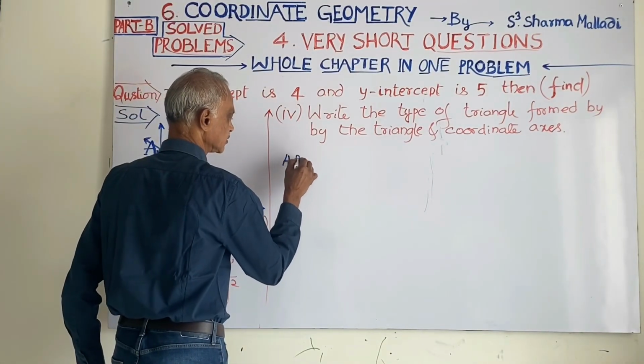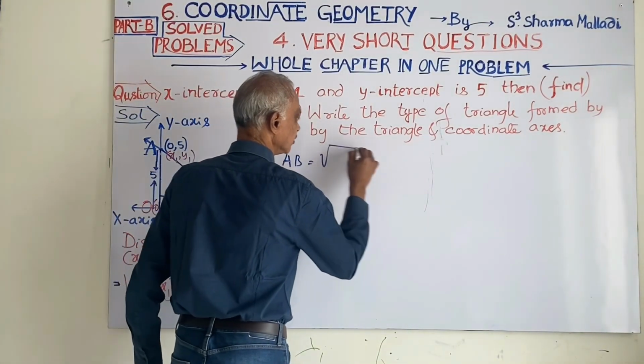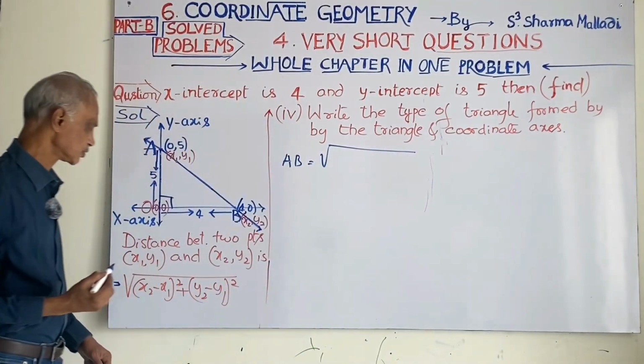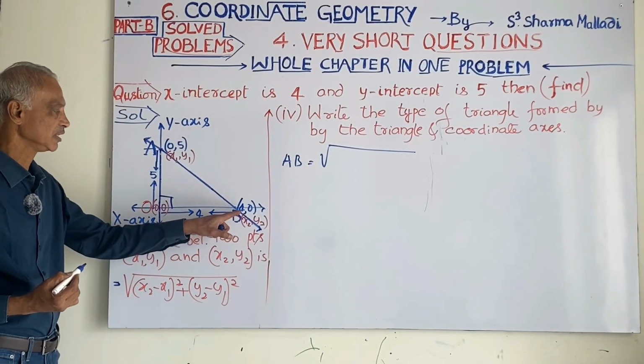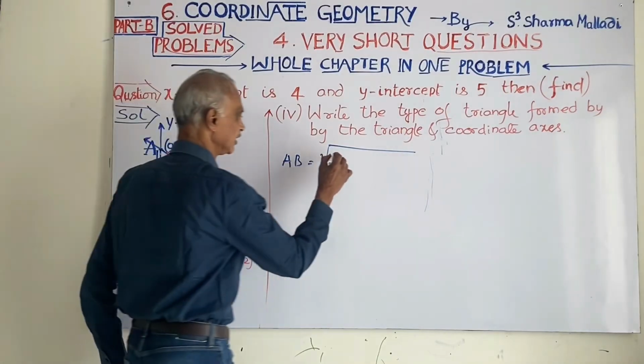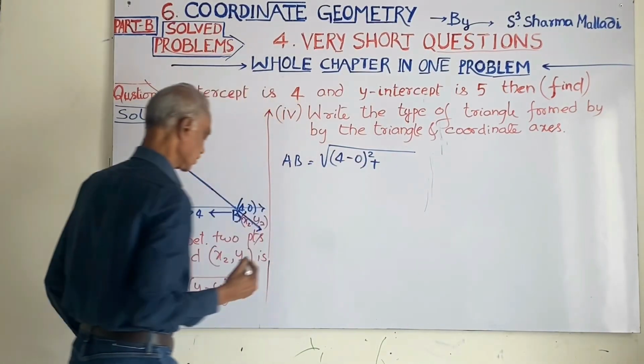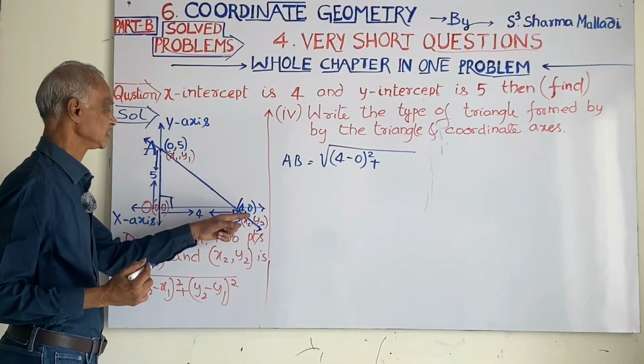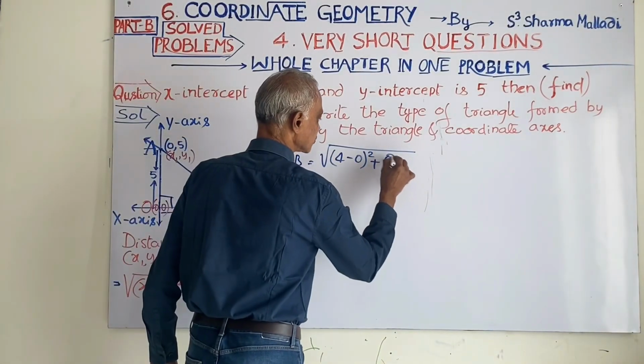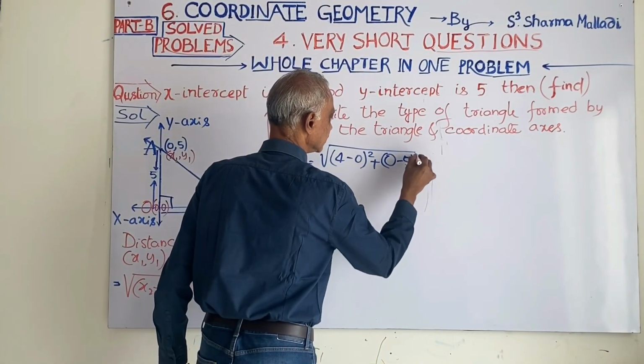AB is equal to square root of, what is the formula I have? x2 minus x1 whole square means 4 minus 0 whole square, plus y2 minus y1 means 0 minus 5 whole square.